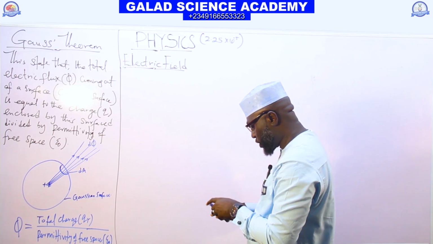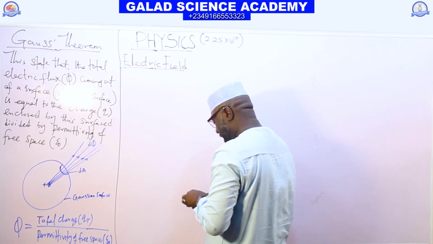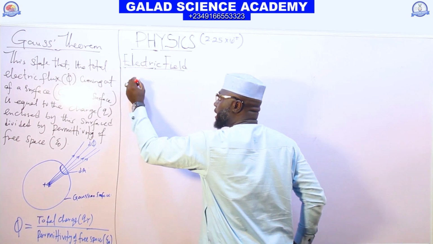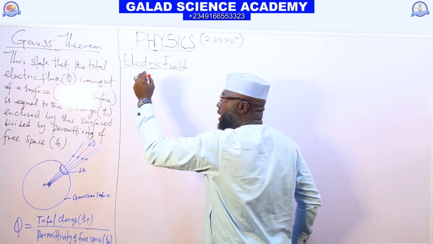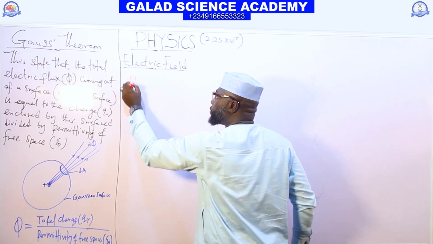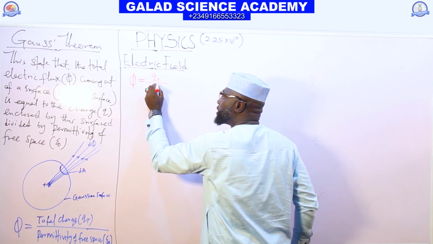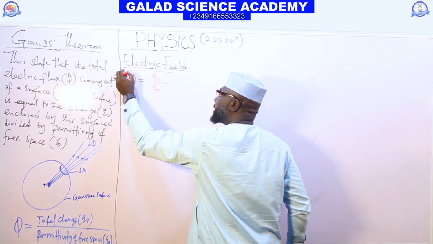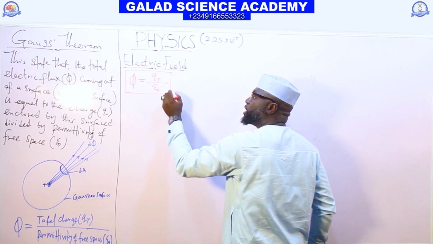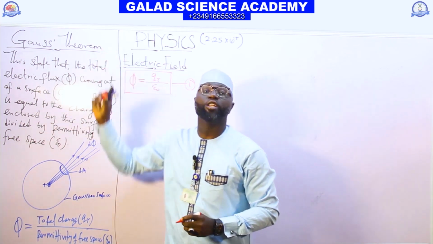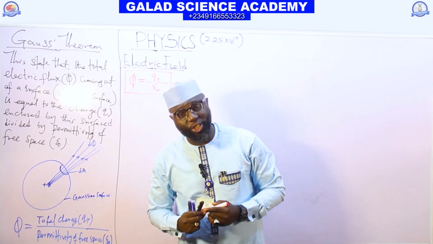So from this expression, we can write the electric flux to be equal to the total Q over epsilon naught. This is the Gauss theorem.